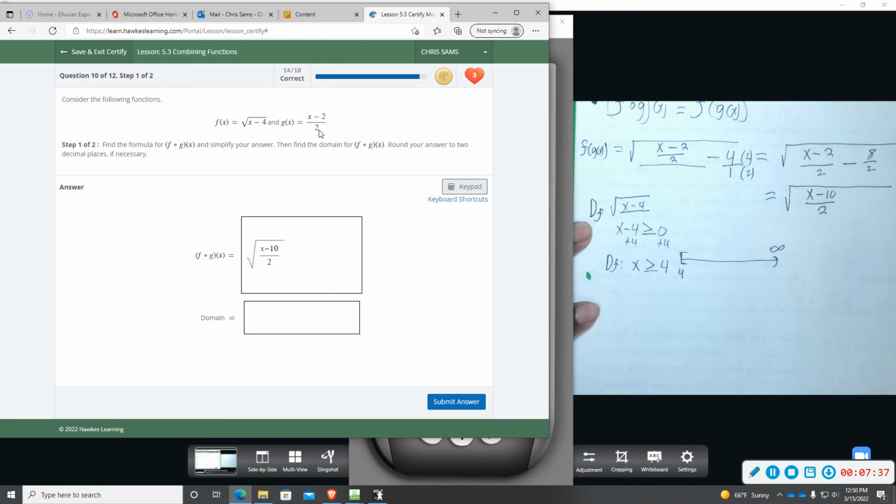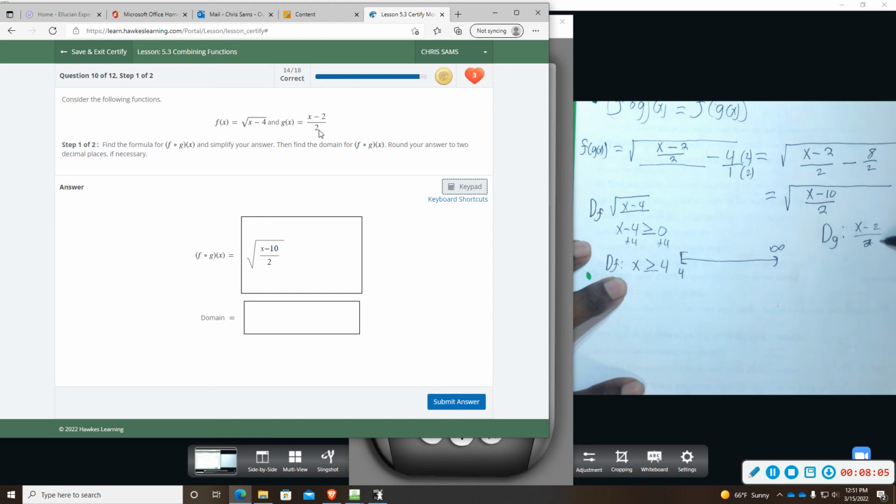Then we're going to do the domain of g. For g, we had x minus 2 over 2. Now, we do have a fraction, but there's no variable on the bottom. Since there's no variable on the bottom, we don't have any restrictions.